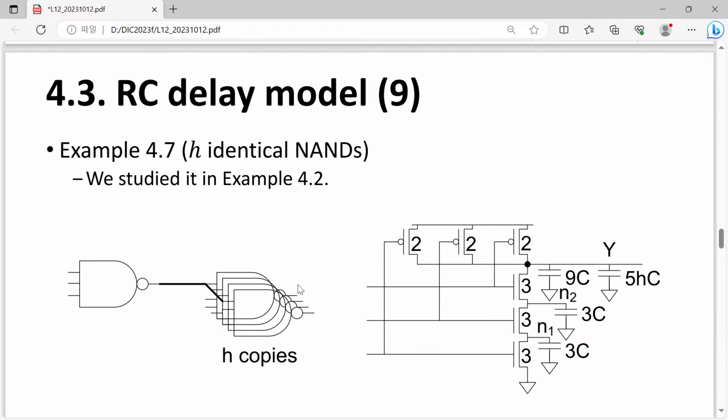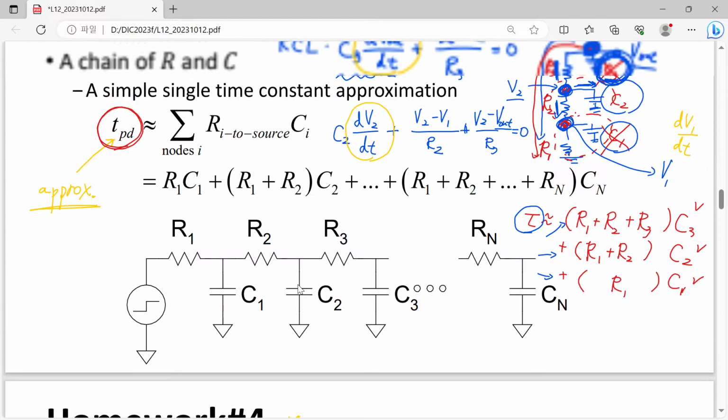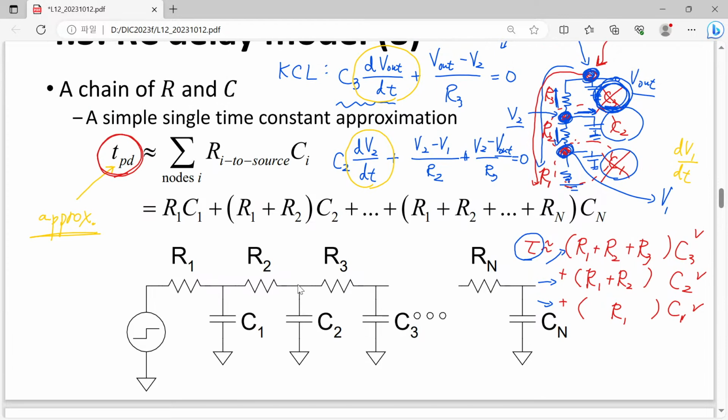From now on, we will use this kind of approximation everywhere in our lecture. Whenever we have a chain of RC circuits, we will use this approximation.